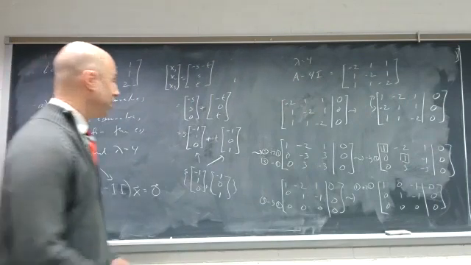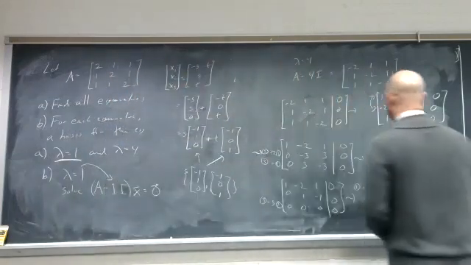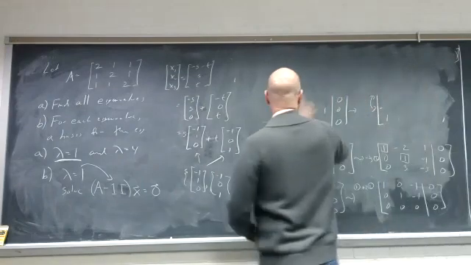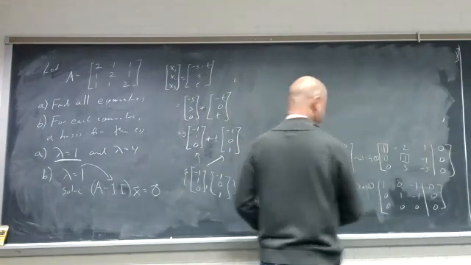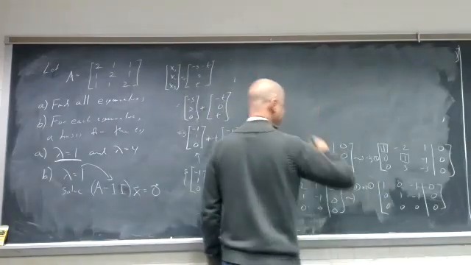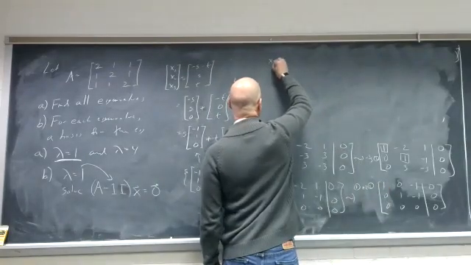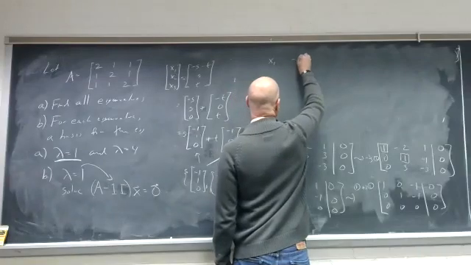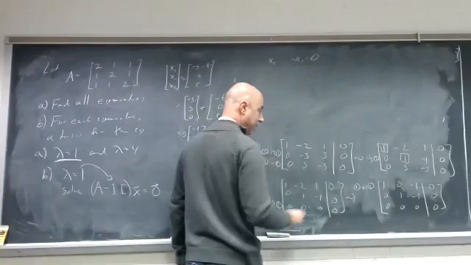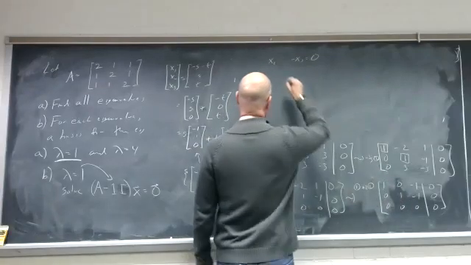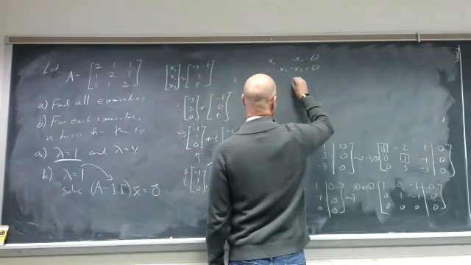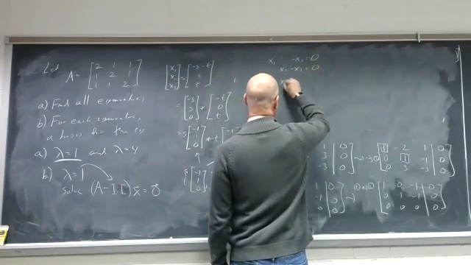Now let's just jump back up to the top of the board over here. So what this says is x1 minus x3 equals 0. And this says x2 minus x3 equals 0. And of course, x3 is free.